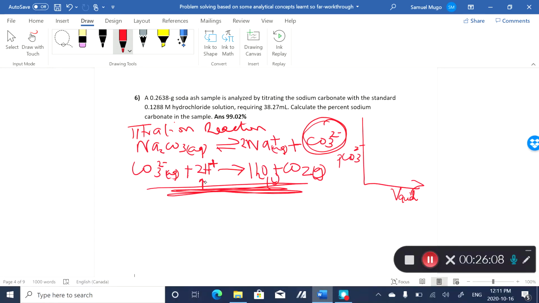So in our titration here, we added 38.27 mL of the HCl. So the equivalence volume, the VE of the HCl that we added, is 38.27 mL.